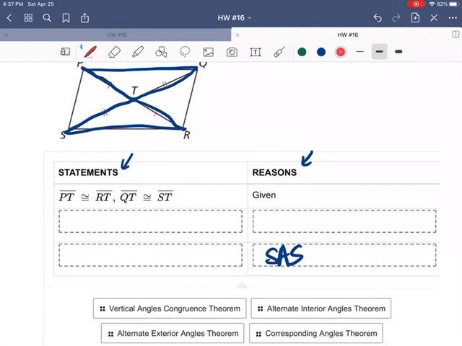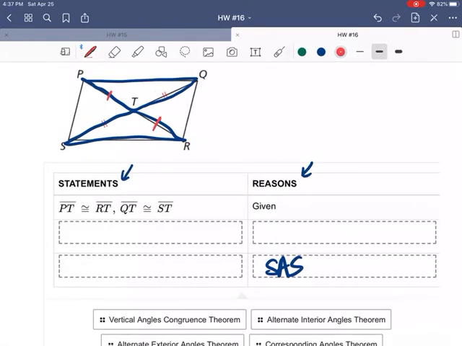So all we need to do is say, well, we've got a side that matches, PT equals RT. We've got another side that matches, QT equals ST. We just need the included angle between the two sides on each triangle. So this angle has to match this angle. That's by vertical angles. Vertical angles is when they're across from each other.